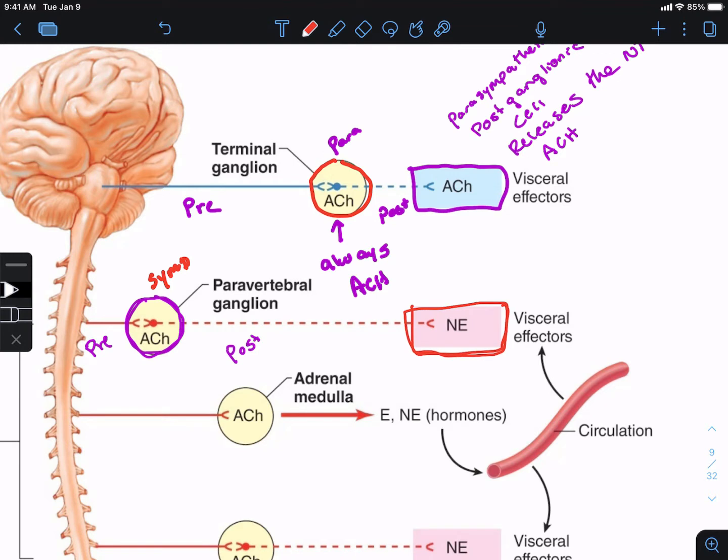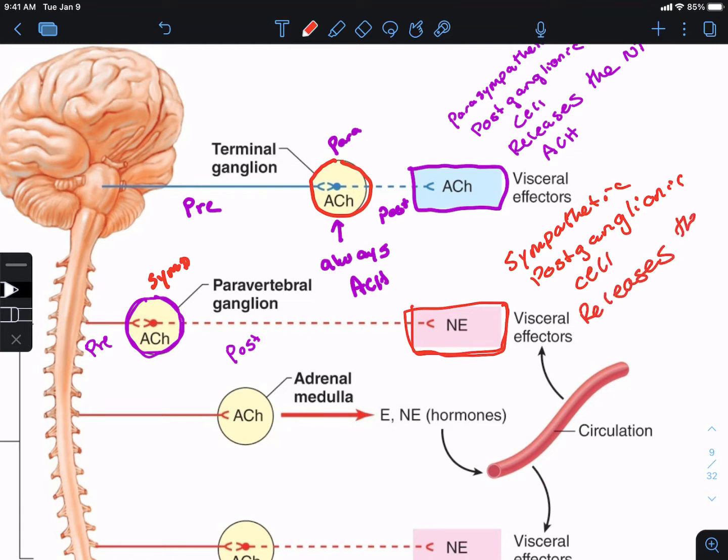This is the most common. So generally the sympathetic nervous system postganglionic cell releases the neurotransmitter norepinephrine. And yes, I want you to remember that. Norepinephrine, norepi.